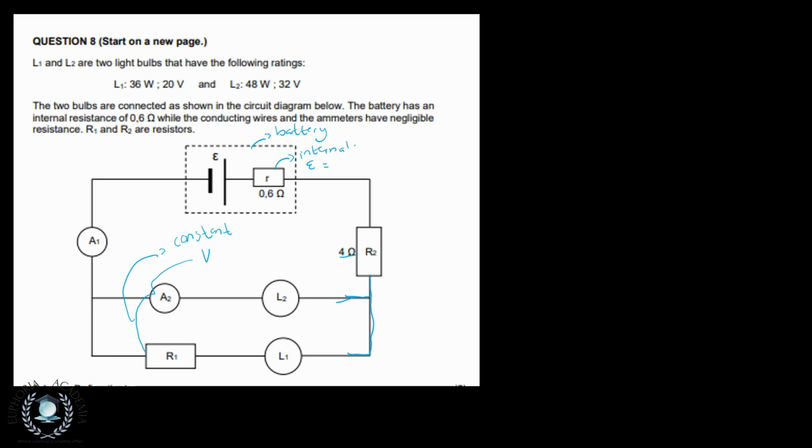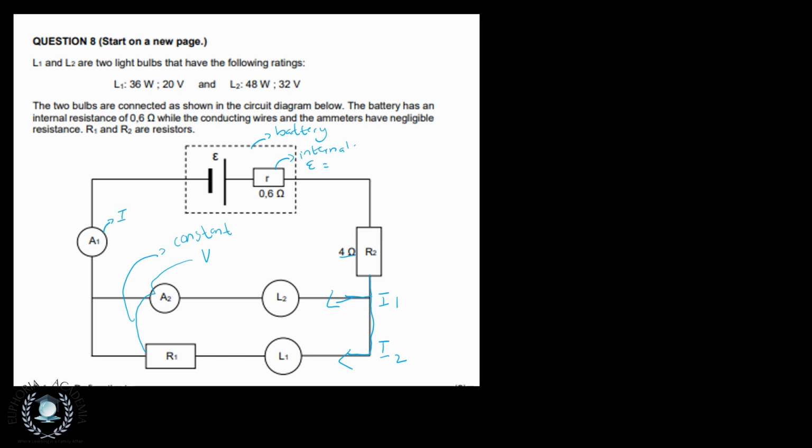We might have a higher current going into one than the other. I'm just going to write that. Forgive my drawing. We might just have an I1 and an I2, and the current will go through the light bulb, through the resistor, and then it will join up until A1.